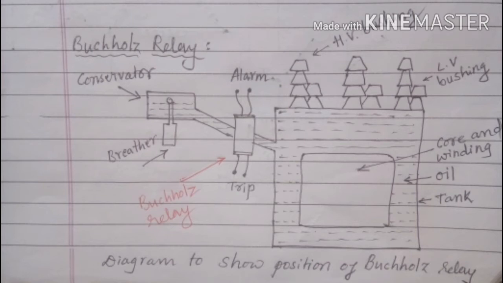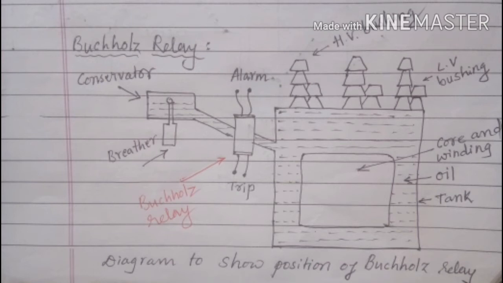An incipient fault means a fault which is not so severe in the beginning but may develop into a severe fault later. For example, the fault between the transformer winding and the core, or the inter-turn fault in the transformer winding.